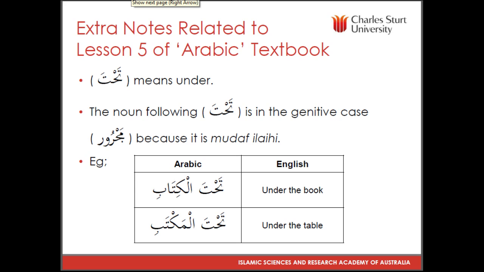It has to be in the genitive case, when we say majrur, with what? Kesra. This is majrur. Look, under kitabi means under the book. And kitabi is kesra because of what? Tahte. It is like a preposition.